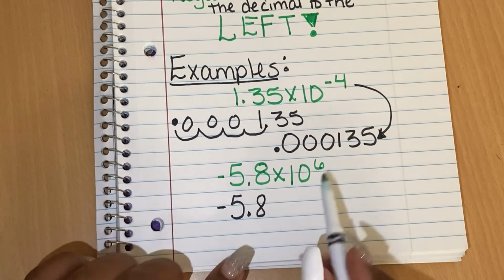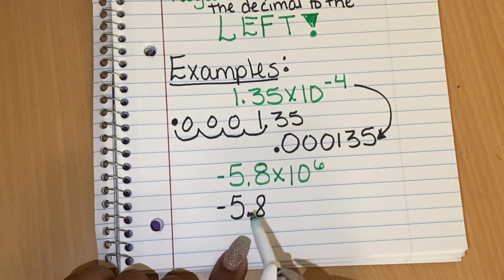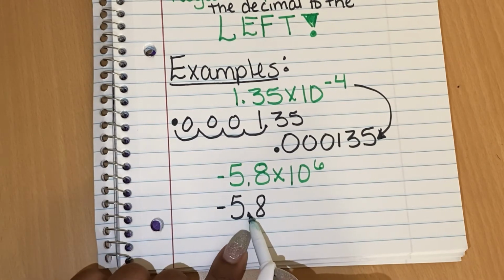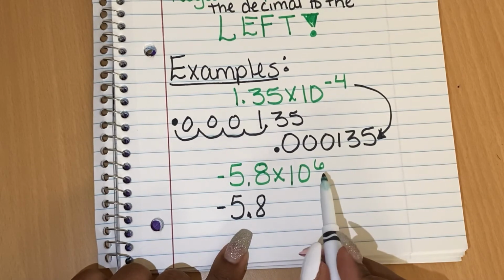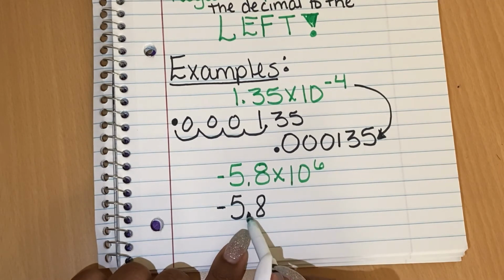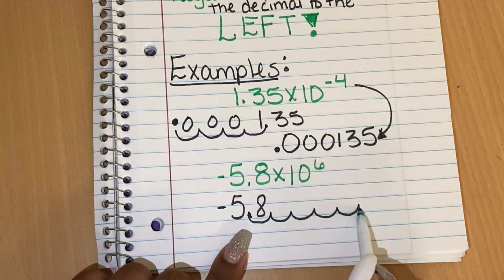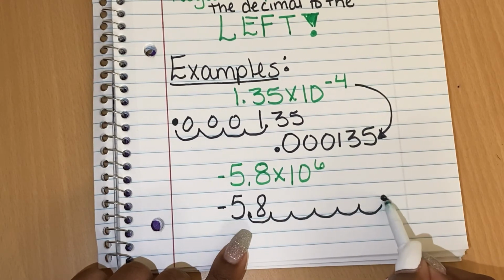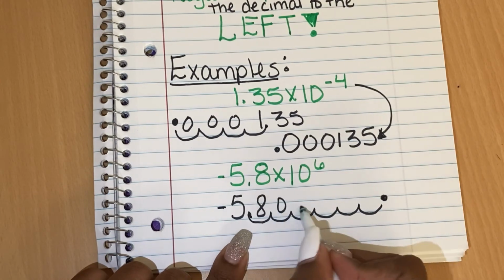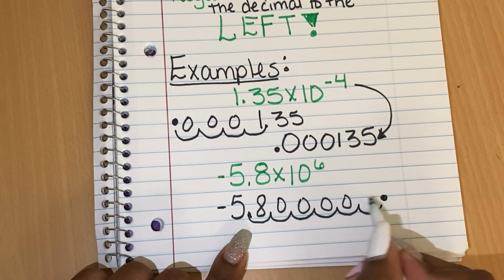Now, I have a positive exponent, so I'm going to move this decimal to the right 6 times because that's how many times my exponent tells me to. 1, 2, 3, 4, 5, 6. Decimal ends here. Fill the humps with zeros.